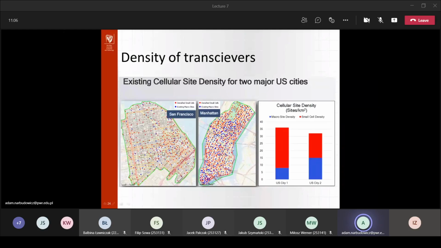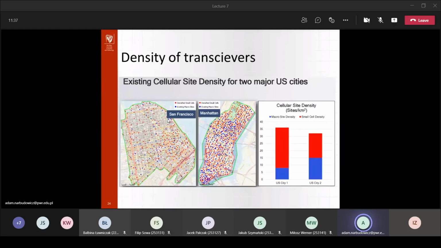Those are two operating mobile system solutions. As you can see here in Manhattan, there are quite densely packed mobile stations, whereas here you can see that the mobile sites are much more scarce.